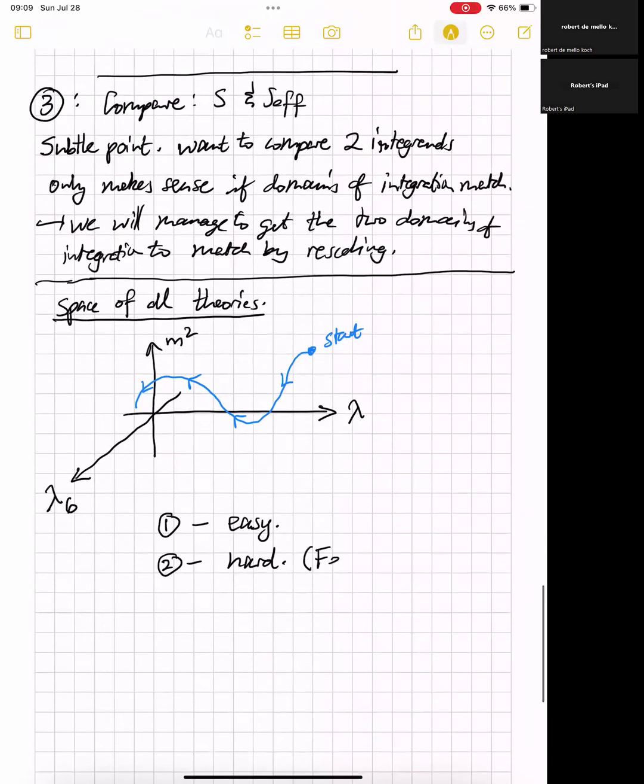So this is the step where we'll be using Feynman diagrams again. Everything that we've learned so far will be employed to achieve step number 2. And then step number 3 is again easy. It's just going to be some rescaling to make sure that the integration domains match. Great. We're nearly ready to start calculating.